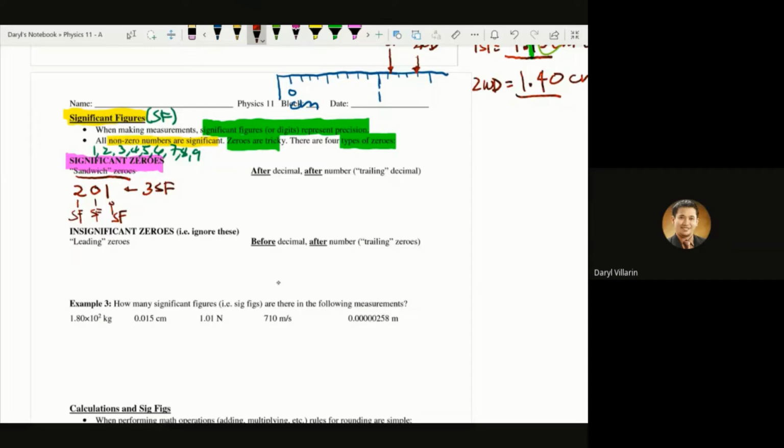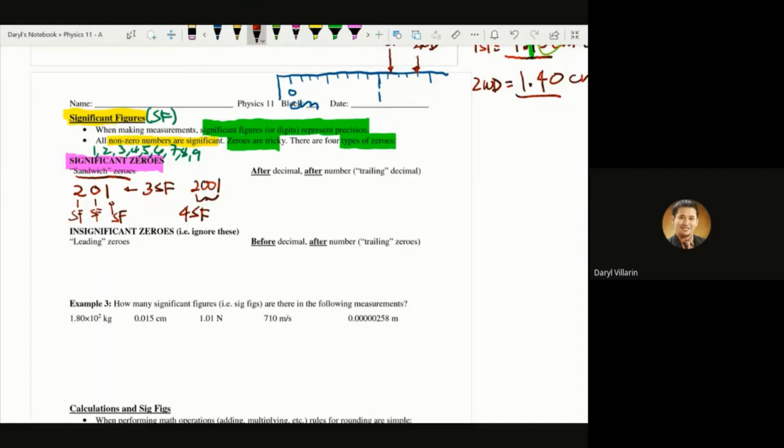So let's say, for example, you have another one, 2001. This particular number has 4 significant figures because the zeros are sandwiched, okay?